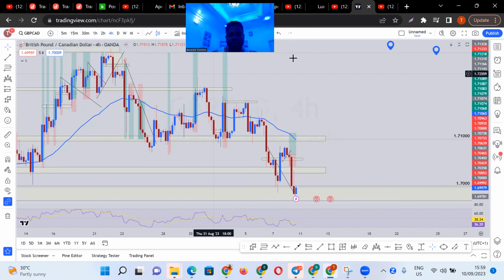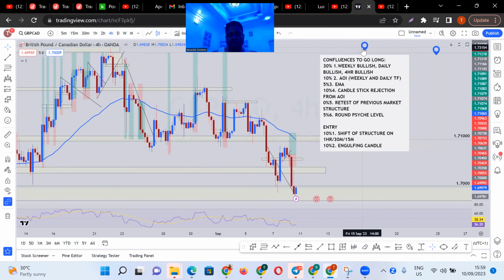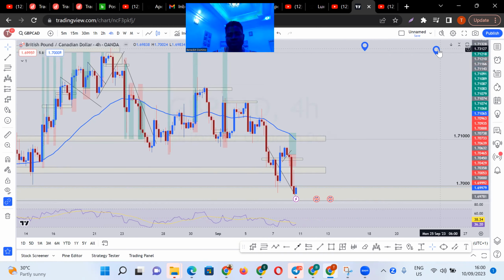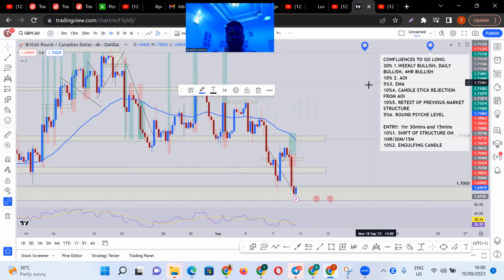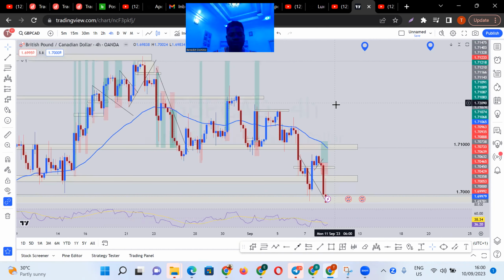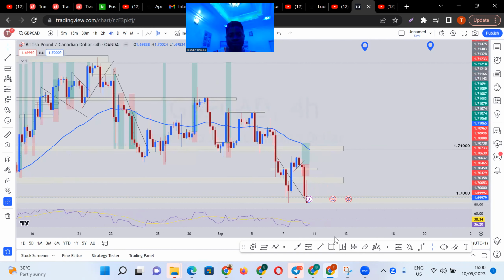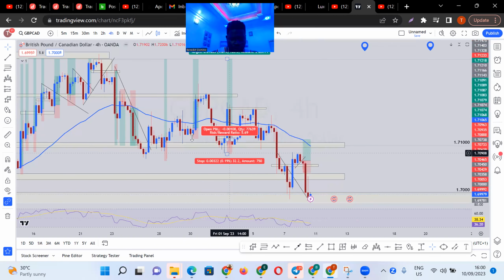I always keep them here. I don't just jump into a trade. I do trades that are ready, then set and forget. So this is GBP/CAD.